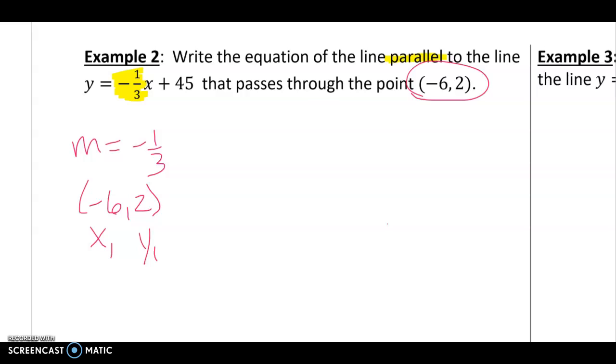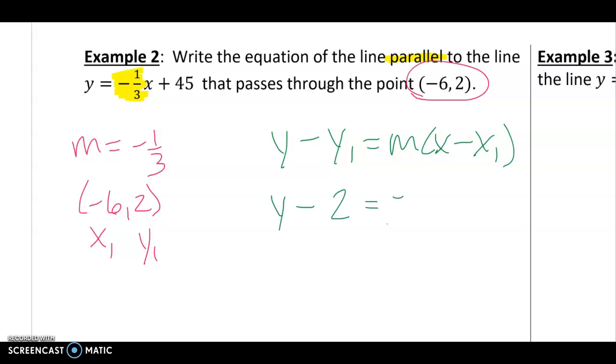So I'm going to use point slope formula again. And we're going to plug in our values. So y minus y1 is 2. The slope is -1/3. And x minus, and since our x1 is negative, then it's x minus -6.